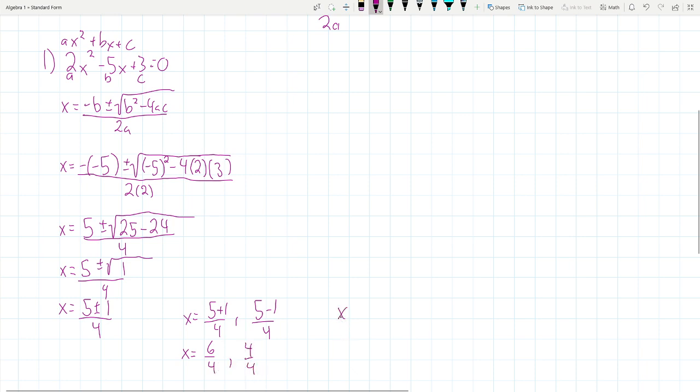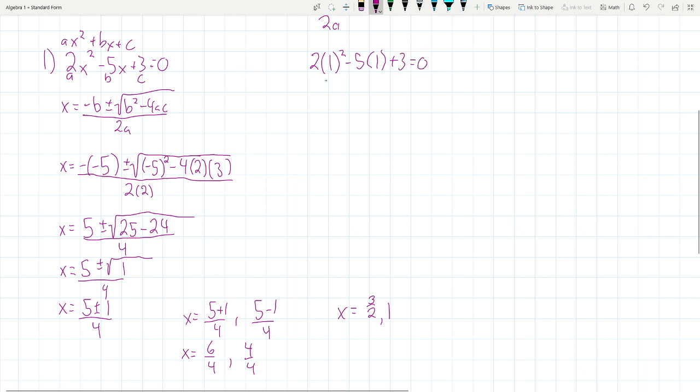So my x values are 3 over 2 and 1. Those are values that, when I plug them in, should give me 0. We can test this. We can even do 2 times 1 squared minus 5 times 1 plus 3.